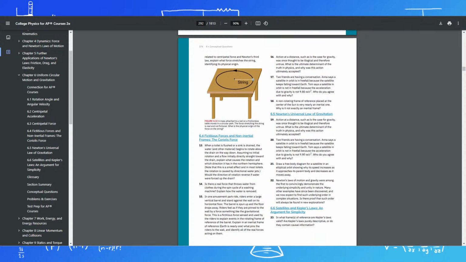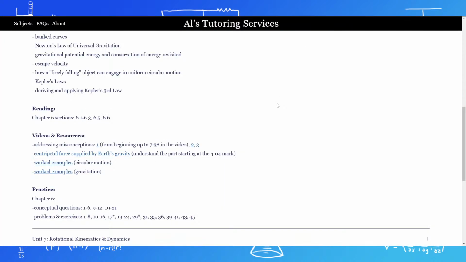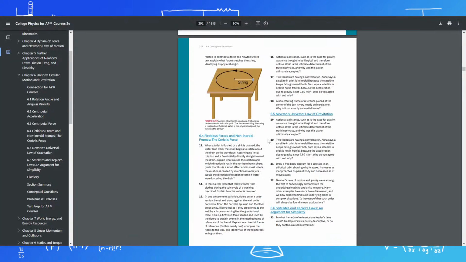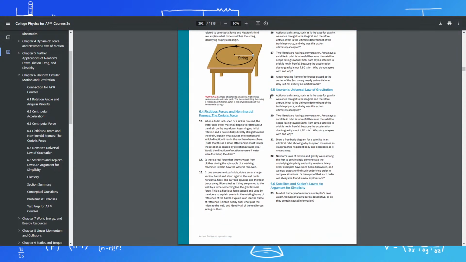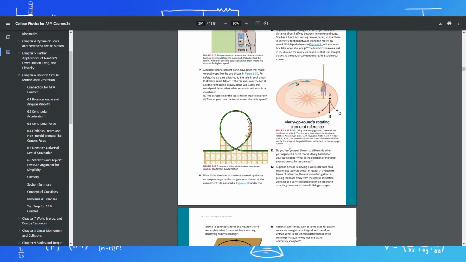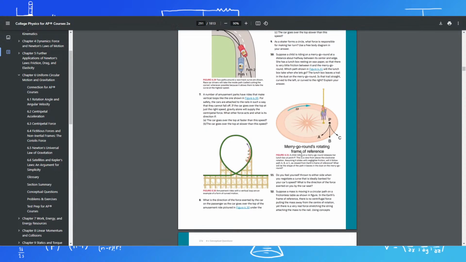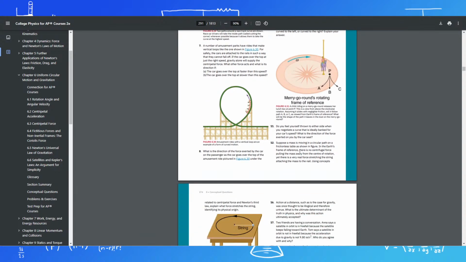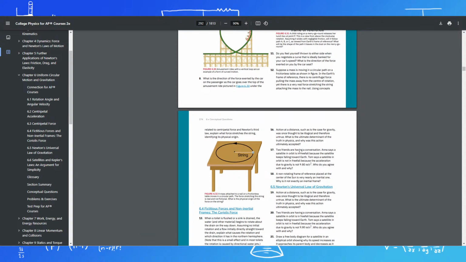I don't believe I had you guys read on fictitious forces. Yeah, I had you skip 6.4, at least if you're following the course plan. So it looks like up to 6.5, skipping 6.4, you can do most of the conceptual questions, at least the ones that don't mention angular velocity and angular speed.